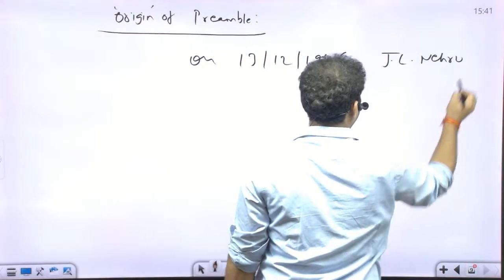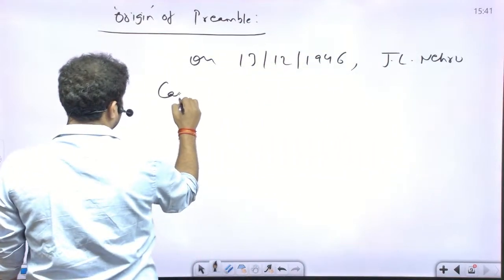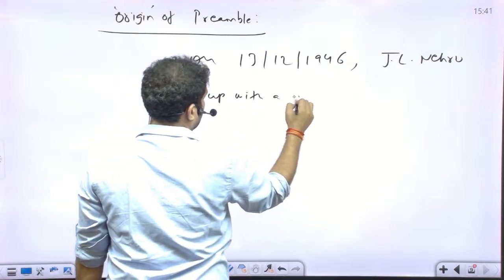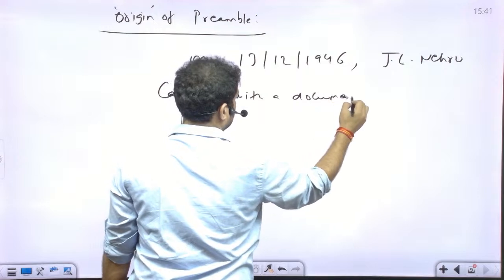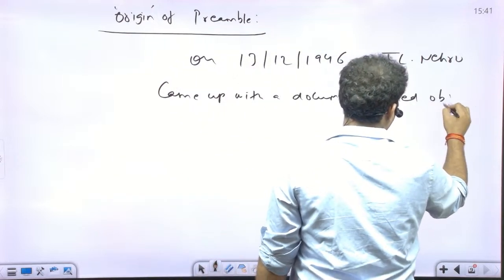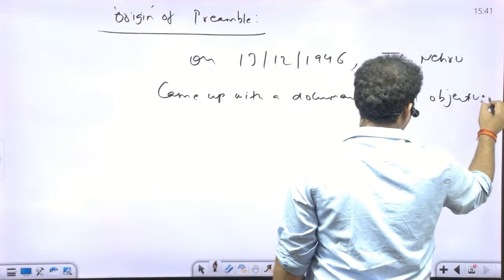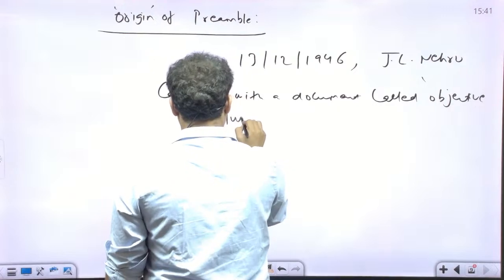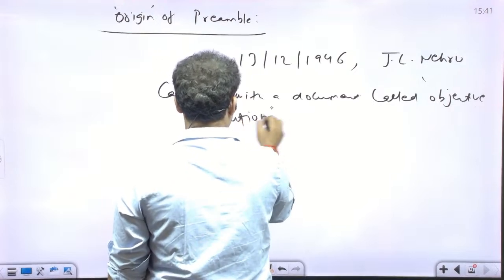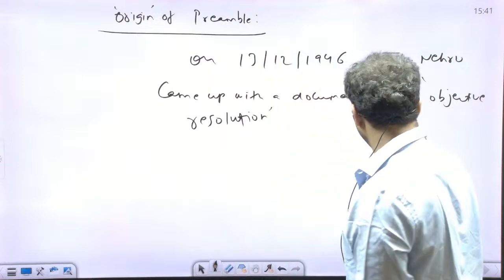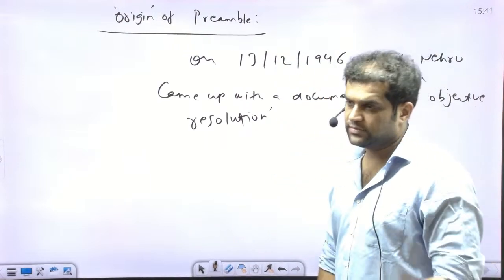Jawaharlal Nehru came up with a document called the Objective Resolution.